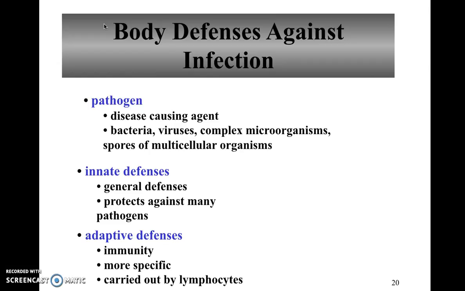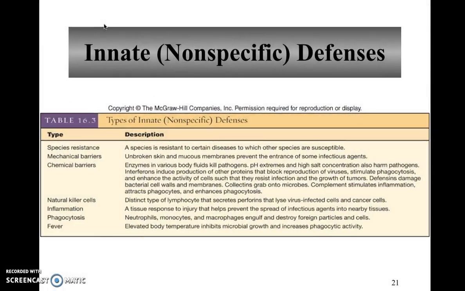We call these specific defenses. They are carried out specifically by the lymphocytes, the T cells and the B cells, and we commonly refer to this as immunity. They give us immunity to specific disease-causing agents, to specific pathogens. So in this video, we're going to focus on the innate or the non-specific defenses.